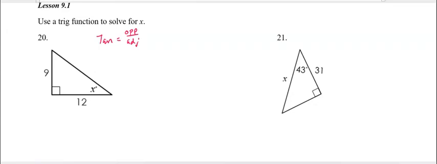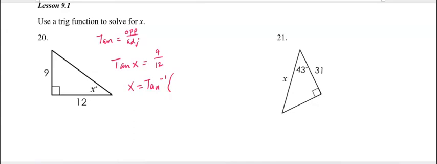Tangent is opposite over adjacent. So tangent for some angle that we don't know yet, but we will know soon, we're calling it x, is the opposite side of the angle divided by the adjacent side. So anytime you're trying to find an angle measurement, you always have to use what we call inverse trig.